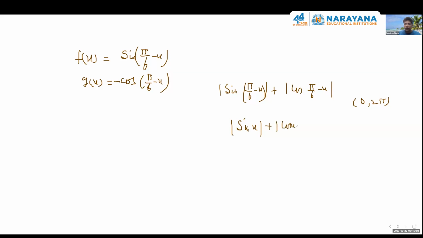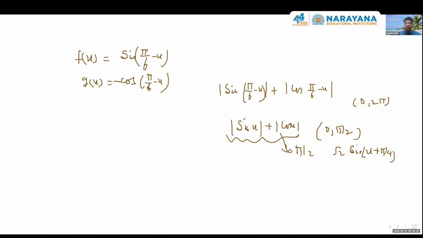I'm just asking. No, sir. Because the period is in fact pi by 2 for this. Period is pi by 2, not even 2 pi. So between 0 to pi by 2, you can plot this root 2 times sine of x plus pi by 4.